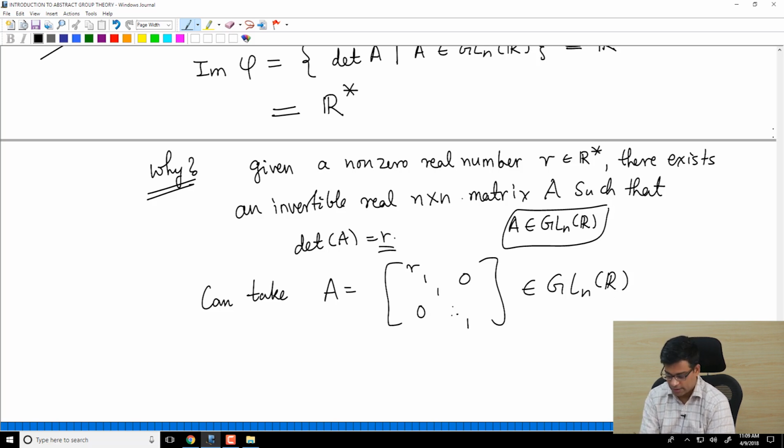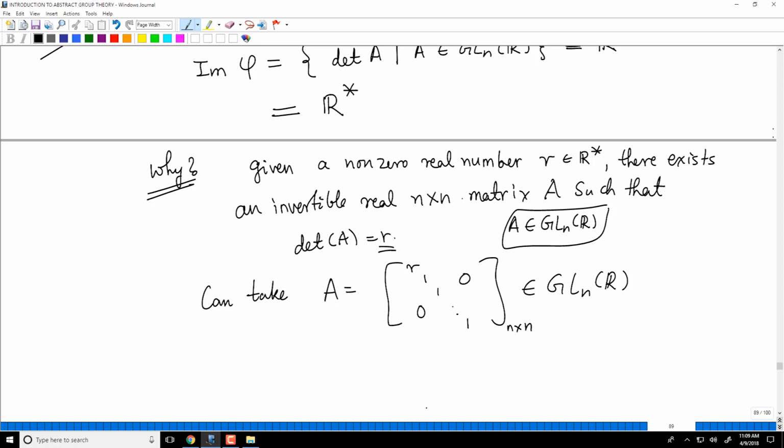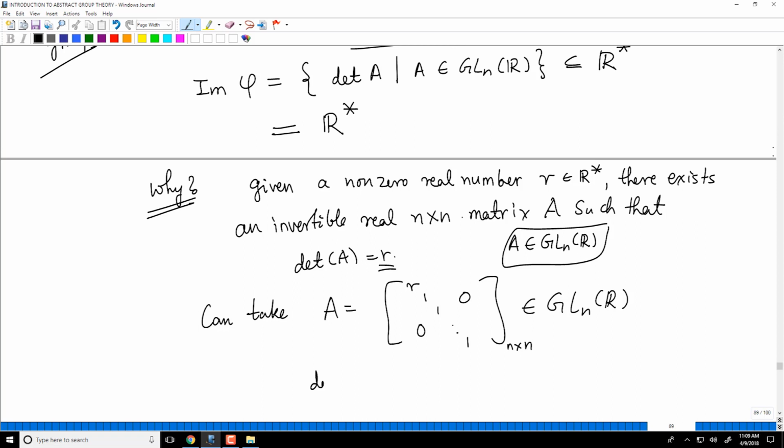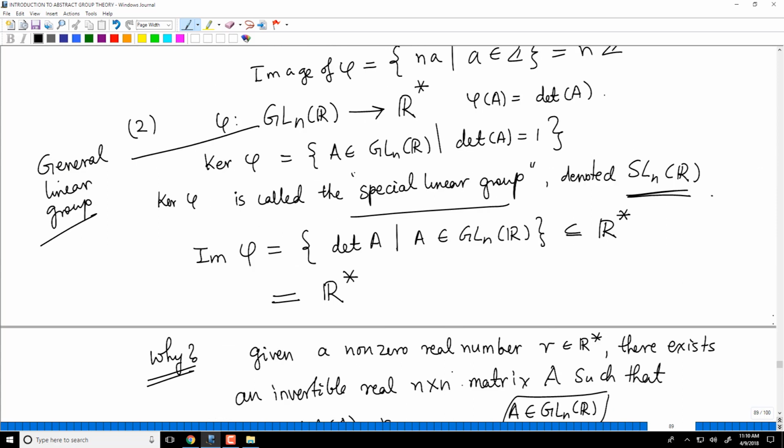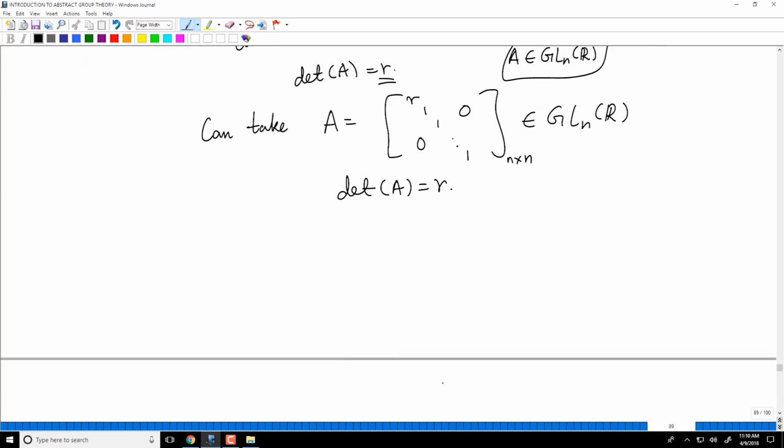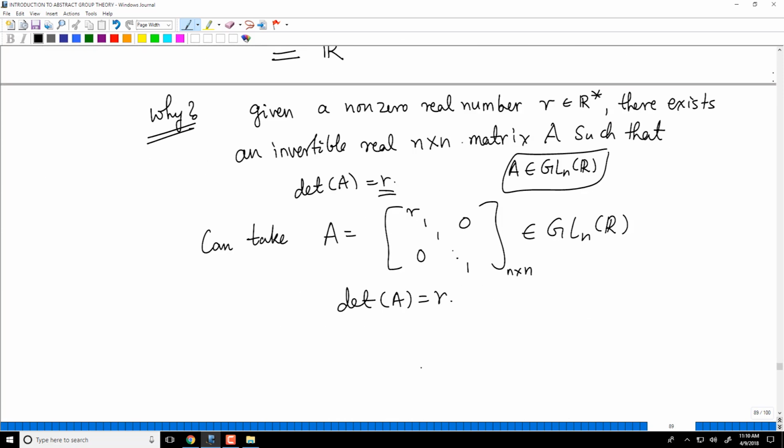It is size n by n, it has real entries. The determinant of a diagonal matrix is the product of the diagonal entries, so the determinant of A is r. So the image of the determinant homomorphism is all non-zero real numbers. Of course, we want non-zero real numbers.